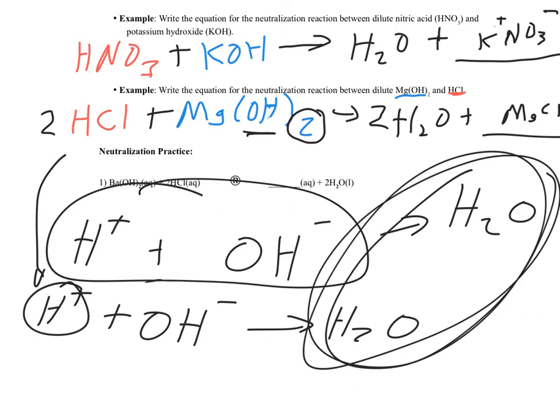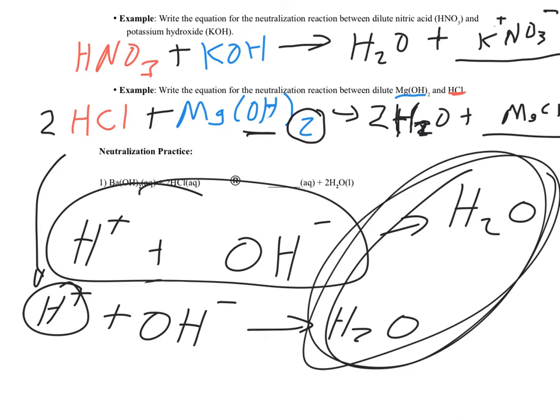Now, that covers our waters and our OHs and our Hs. If you double check them and you go back, all of our Hs and Os should be balanced now. That was super messy. Okay, all right, so now we've got our 2 HCl's, we've got our 2 waters.